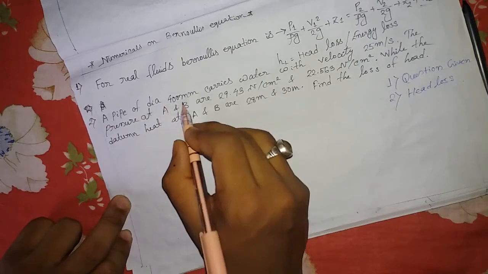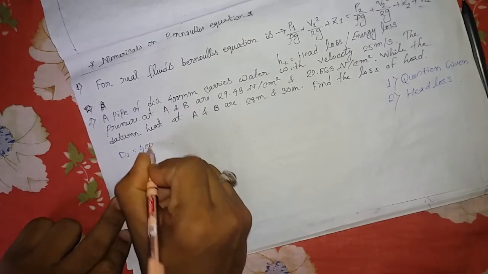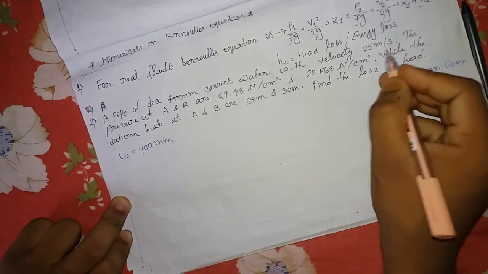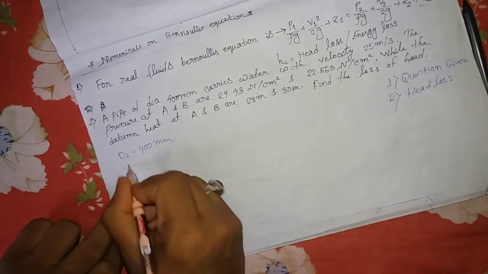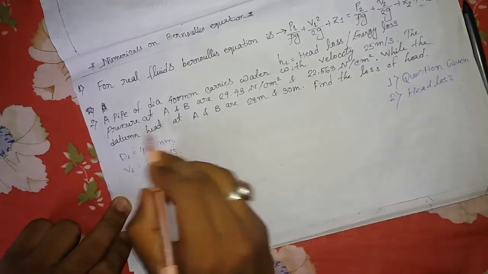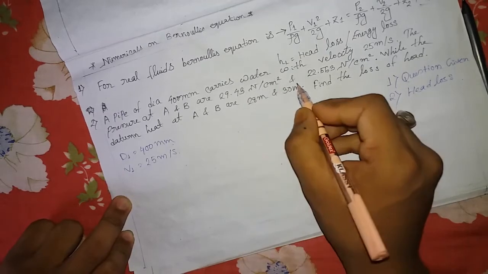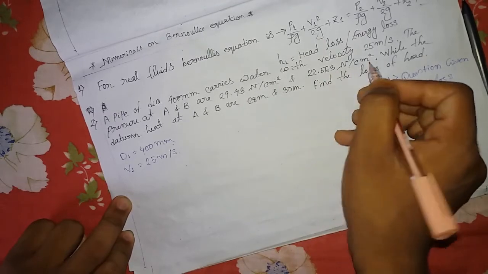A pipe of diameter 400 millimeter, that means d1 equals 400 millimeter, with a velocity of 25 meter per second, v1 equals 25 meter per second. The pressures at A and B are 29.43 Newton per centimeter square and 22.563 Newton per centimeter square.